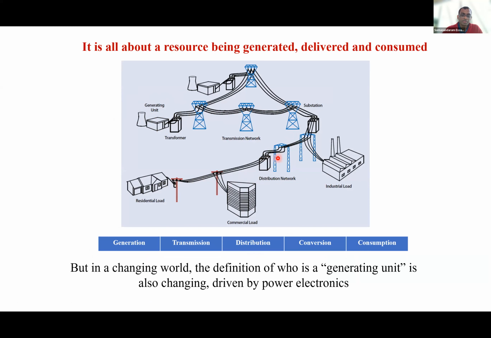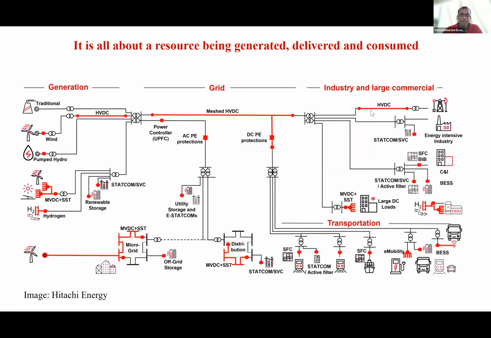And then the distribution network carries the power down to the residential, commercial, industrial loads. And we saw how this very simple architecture has been changed into something a lot more chaotic and a lot more complex.